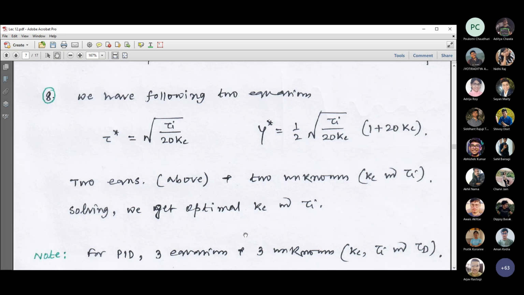And if you want to suppress the effect of disturbance, in that case, you find the tuning set based on regulatory performance. So this is all about time integral performance criteria. In fact, this time integral performance criteria is extensively used in research purpose. In process control research, this time integral performance criteria is perhaps most widely used.